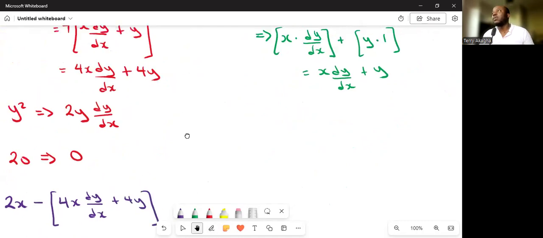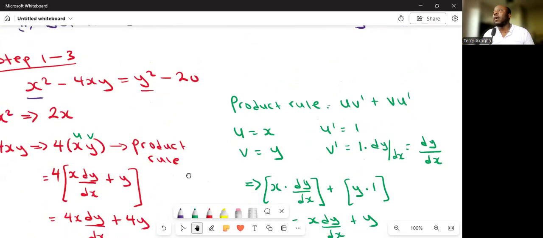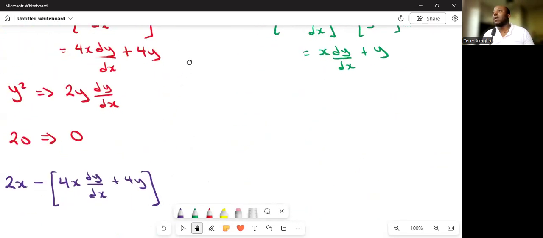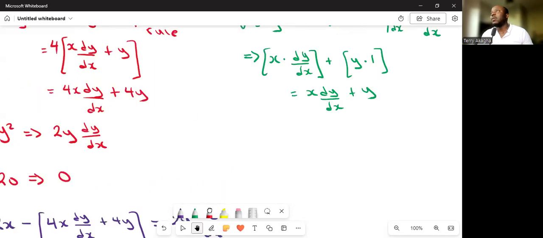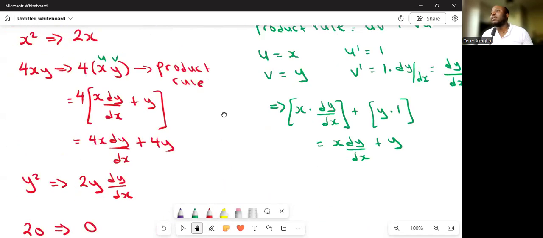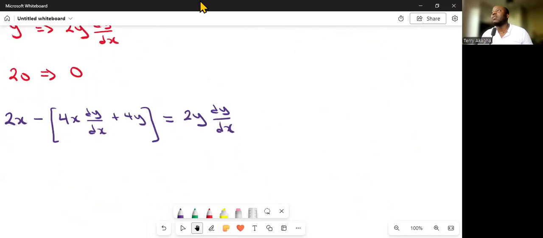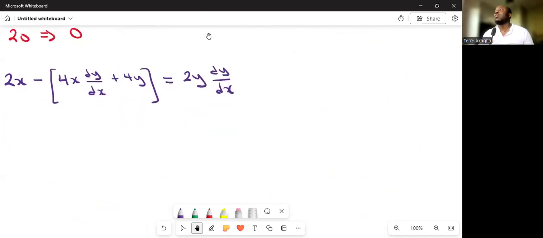Then y squared is going to be 2y dy over dx. Then the last one is minus 20, and it's going to be minus 0.